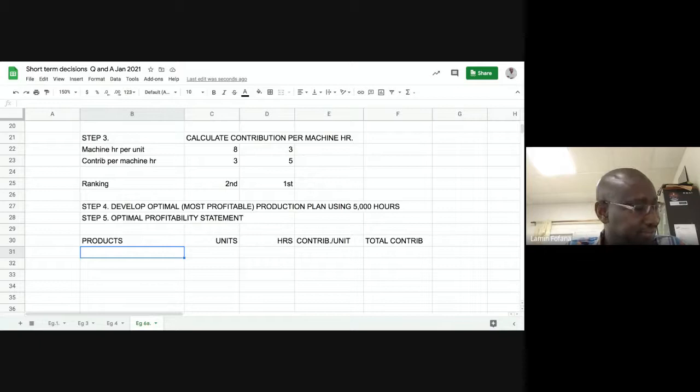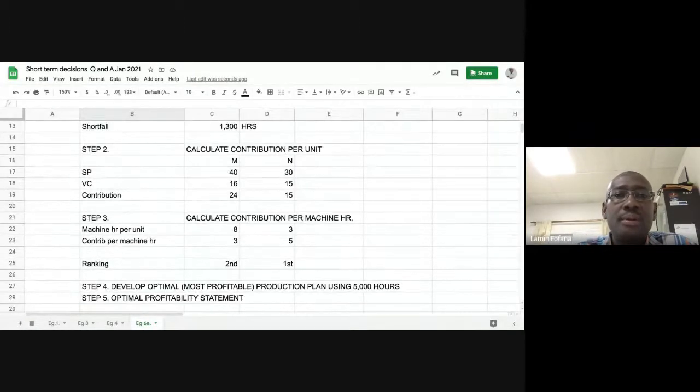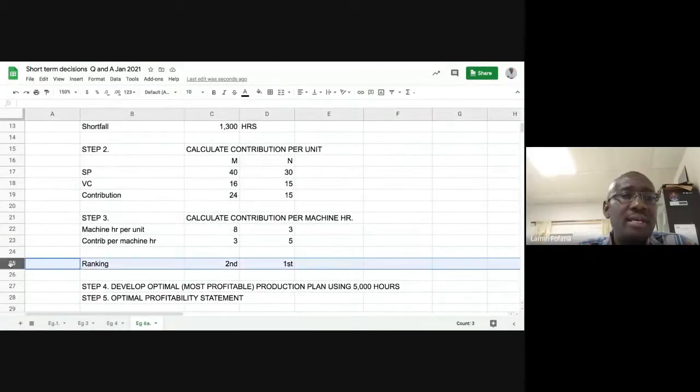So we are putting step 4 and step 5 together, but we're going to do step 4 first and then step 5. Step 4 is our most profitable production plan, meaning with the 5,000 hours, how many units should we produce? We're going to start our production with which of the products, product M or product N? Look at our ranking. Ranking is product N. Very good.